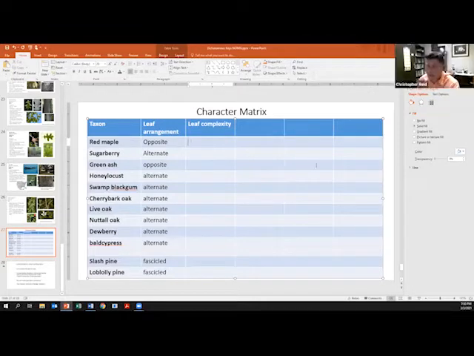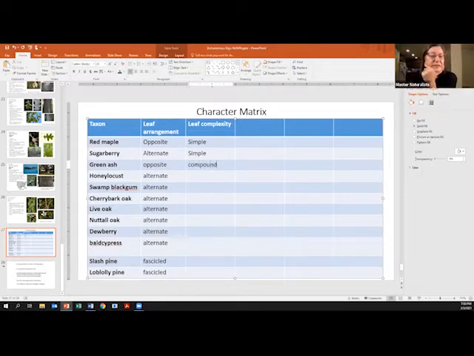All right, complexity. Basically, let's just say simple or compound. Simple, red maple. All right. Sugarberry. Simple. Green ash. Compound. Honey locust.